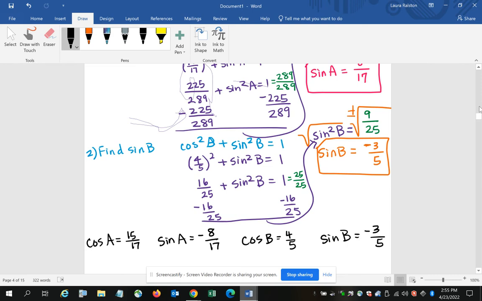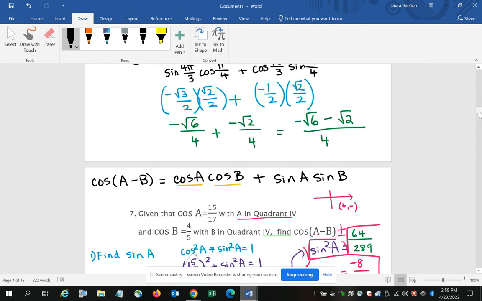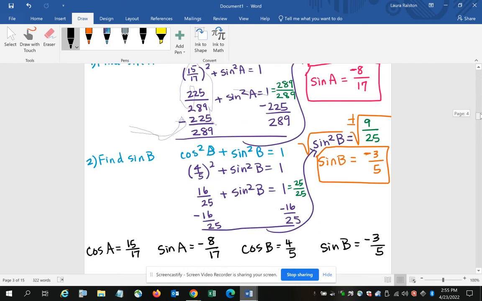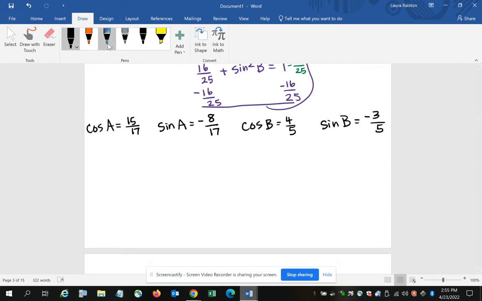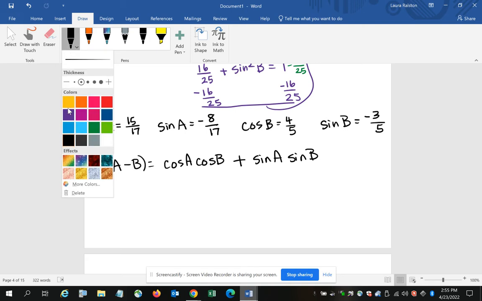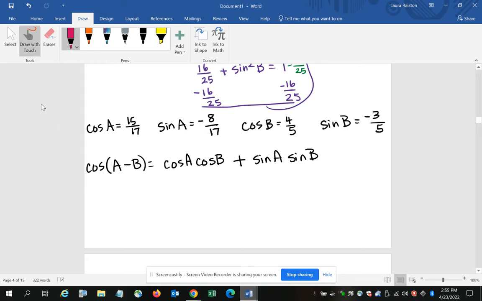So then I'm going to use my cosine of A minus B. That was the original problem. Using my formula, cosine of A minus B is cosine A times cosine B plus sine A sine B. We have all of the pieces, so we're going to plug and chug.